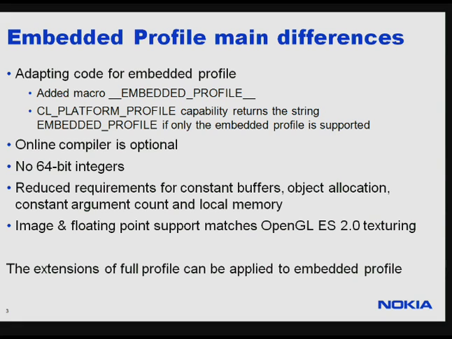Images are also optional, and when they are provided, images as a data type only need to support what OpenGL ES 2.0 hardware supports for texture mapping. You can also use any extensions that you might have for the full profile on the mobile profile.